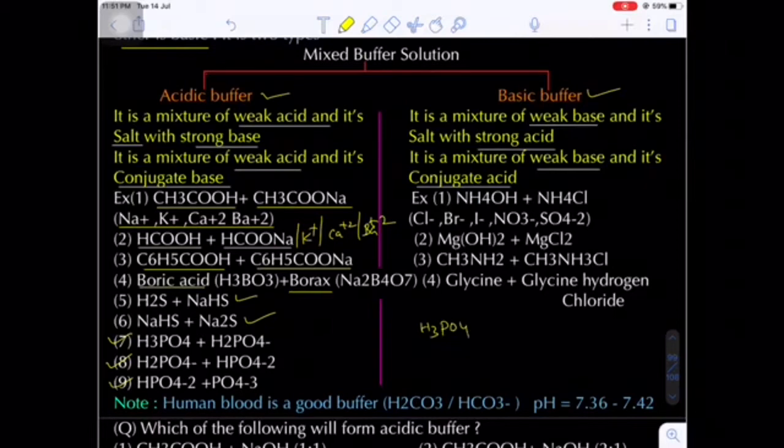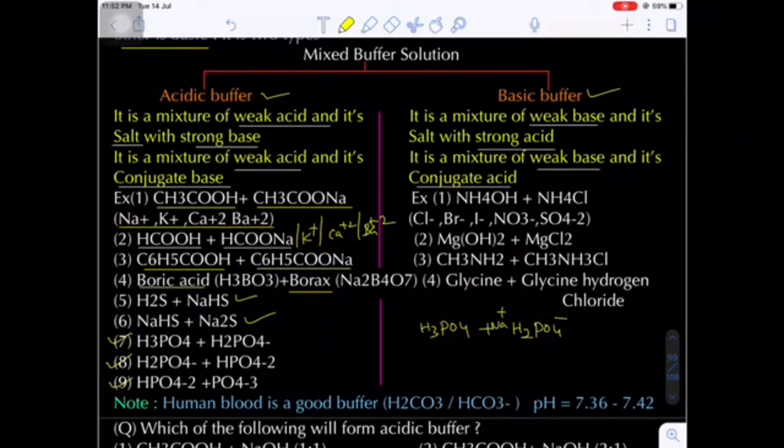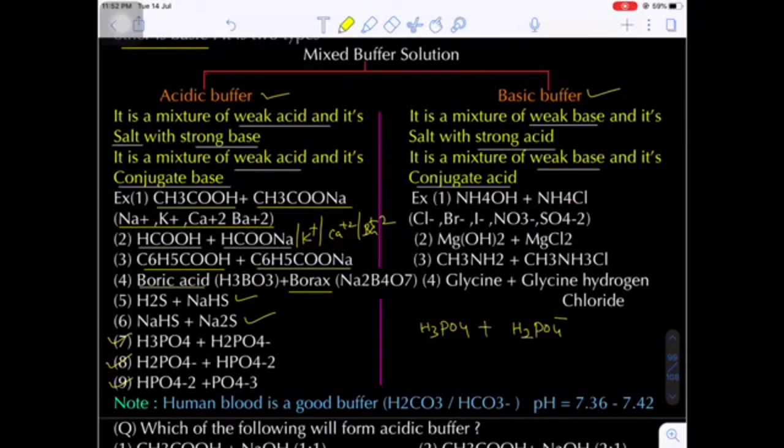Phosphoric acid is a tribasic acid. When it loses one proton, what is the conjugate base of phosphoric acid? H2PO4 minus. To counterbalance the negative charge, there is one positive charge, that is sodium or potassium. For now I am removing the sodium ions, and only discussing the anion part.